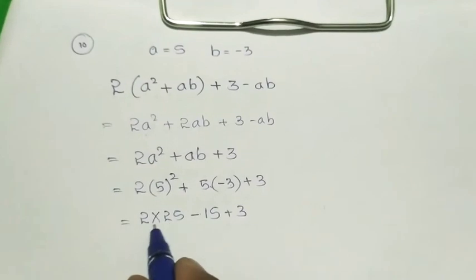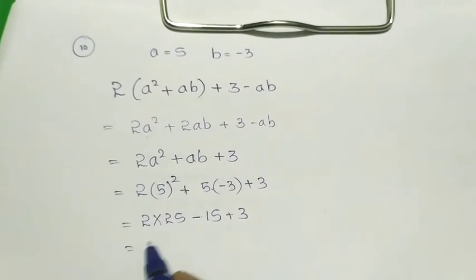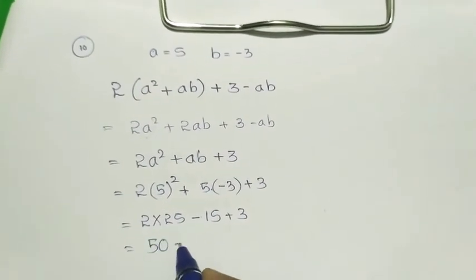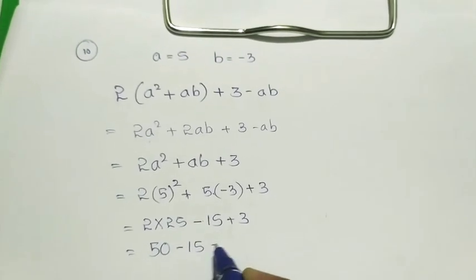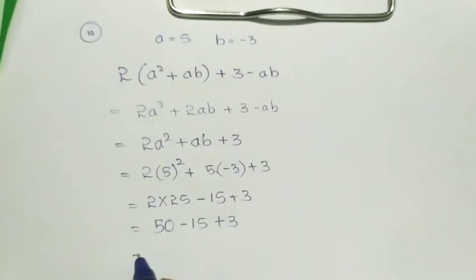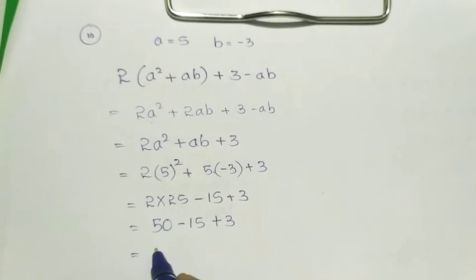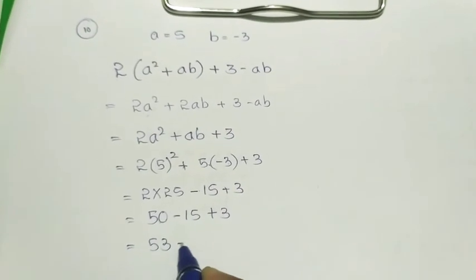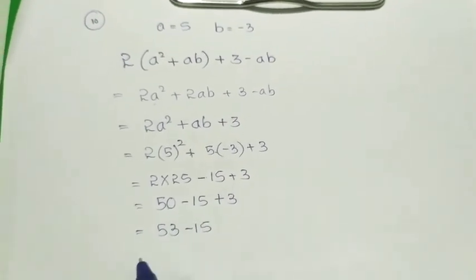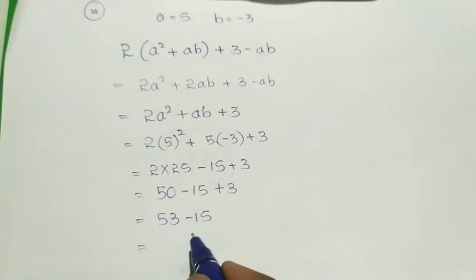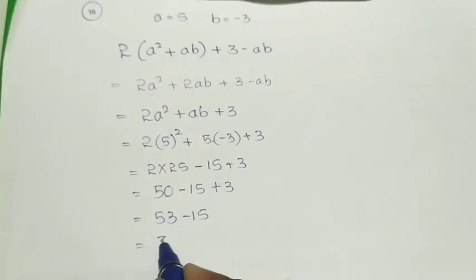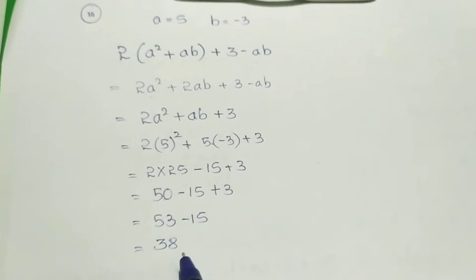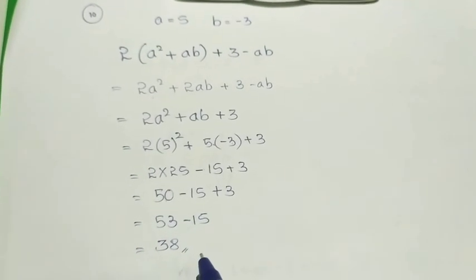First do the multiplication, 2 into 25 we get 50 minus 15 plus 3. First do the addition, 50 plus 3 is 53 minus 15. So 53 minus 15, here we will get 38. So this is our final answer.